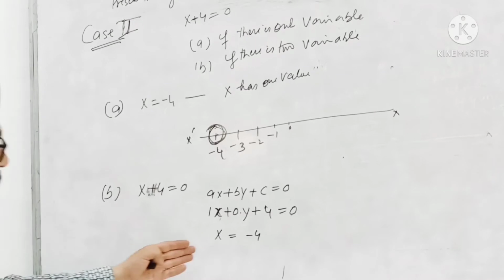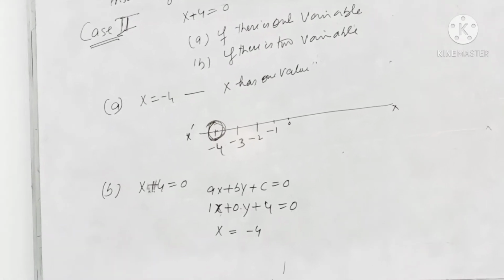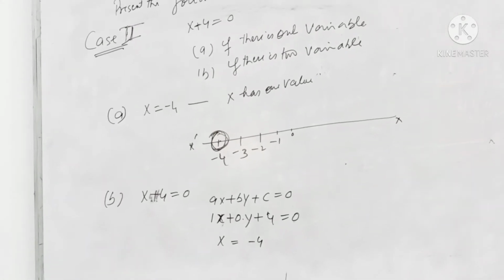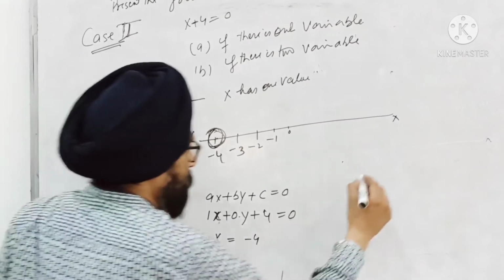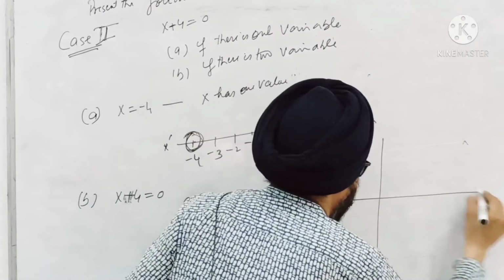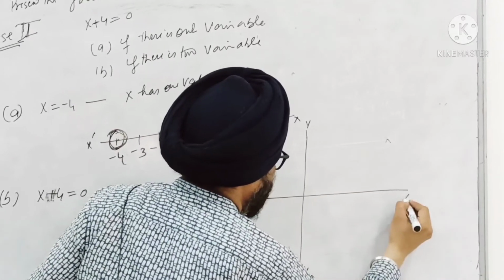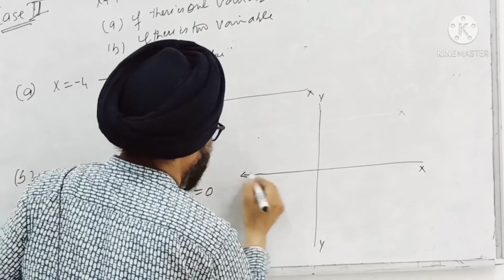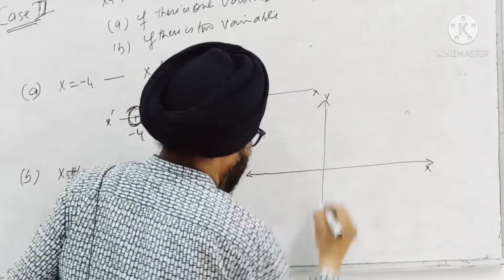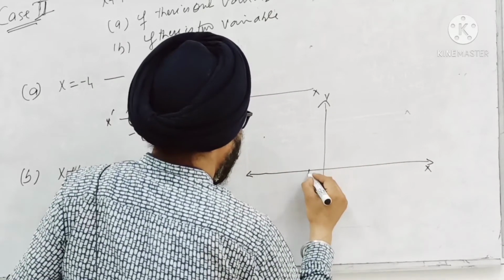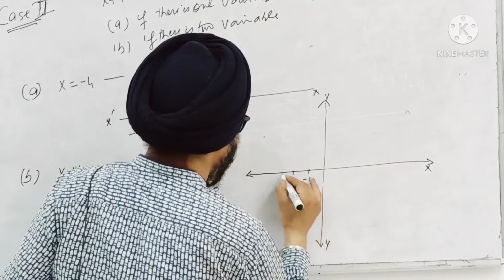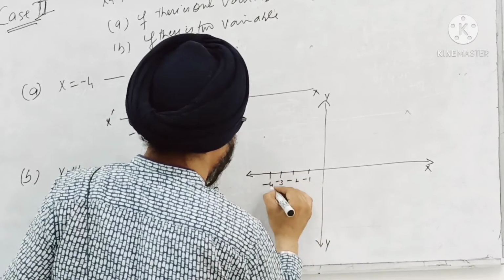How to present it on the graph? In the same way, -1, -2, -3, -4.